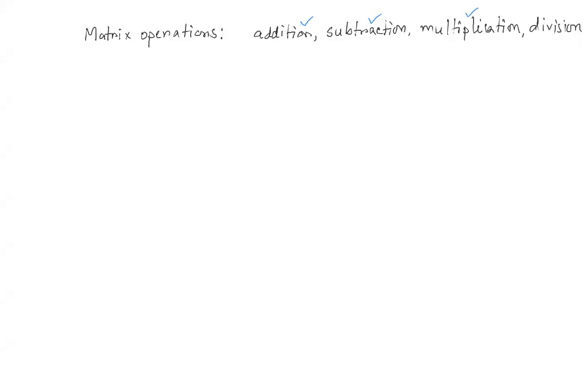Here I need to clarify things. You can add 2 matrices under certain circumstances. You can subtract 2 matrices under certain circumstances. You can multiply 2 matrices under certain circumstances. However, you can never divide 2 matrices.